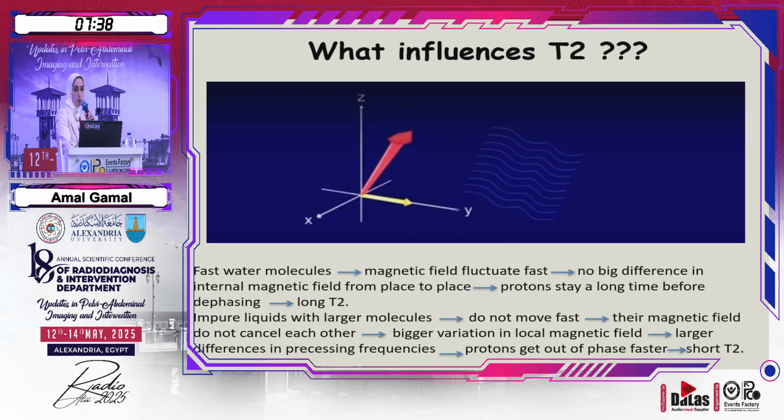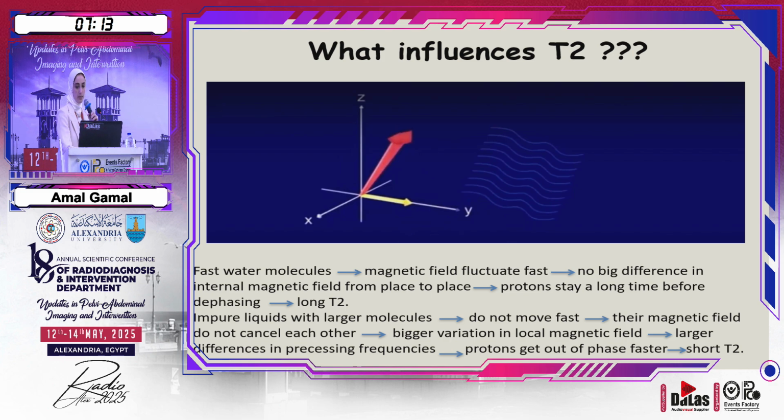As water molecules move around very fast, the local magnetic fields fluctuate fast and therefore kind of average each other out. So there are no big net differences in internal magnetic fields from place to place. And if there is no big difference in magnetic field strength within a tissue, the protons stay in phase for a long time before they dephase, and so T2 is longer.